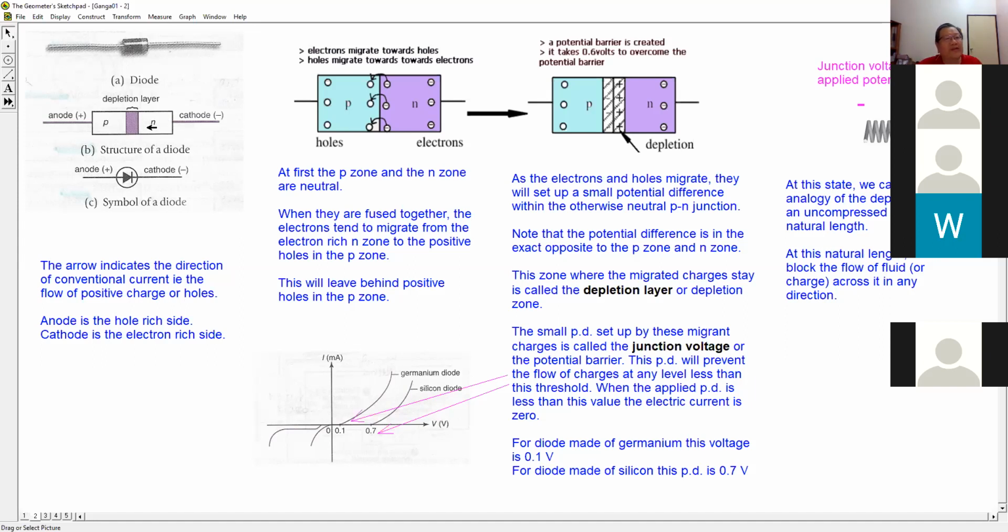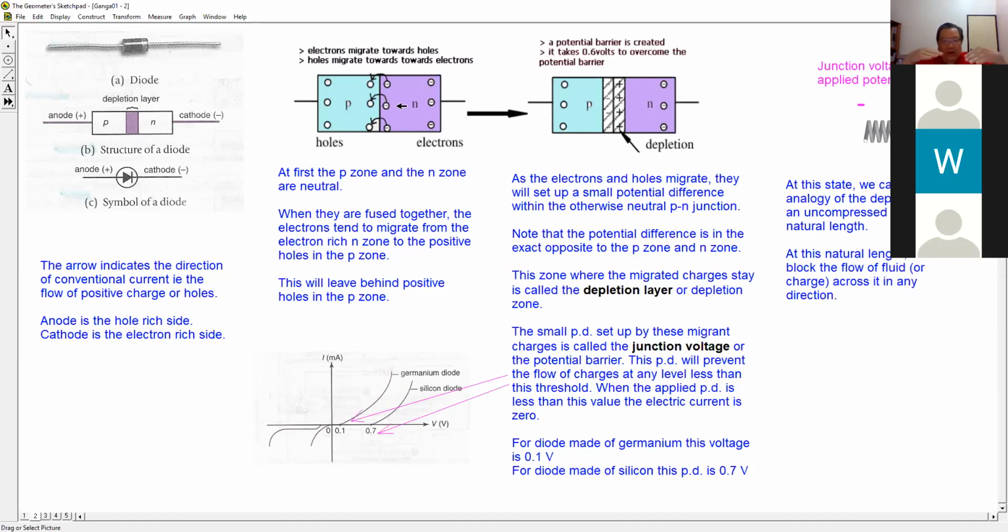So when we join these two types of semiconductor together, then something will happen. Initially, before anything happens, when you just join the two of them together, they are neutral, neither positively charged nor negatively charged overall.